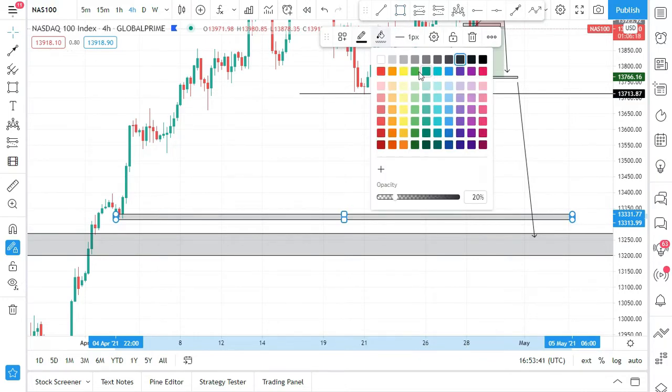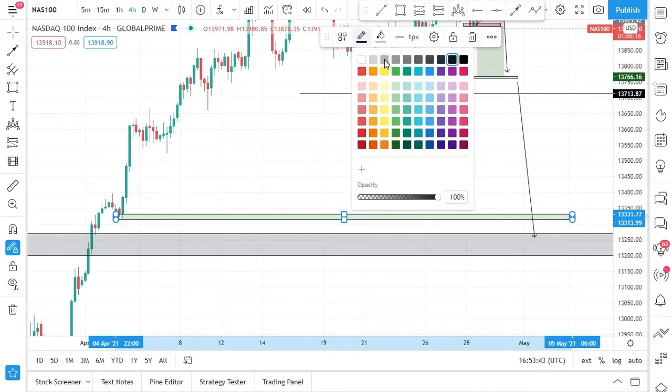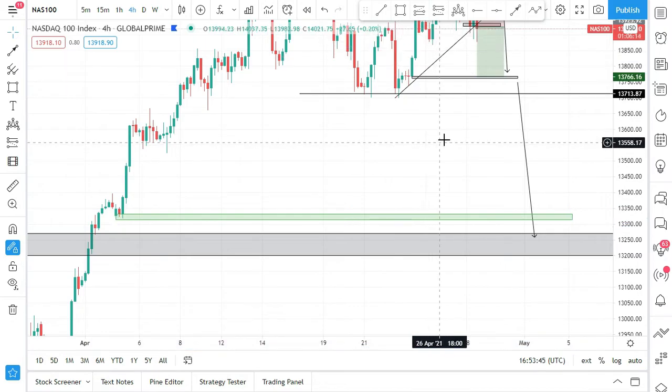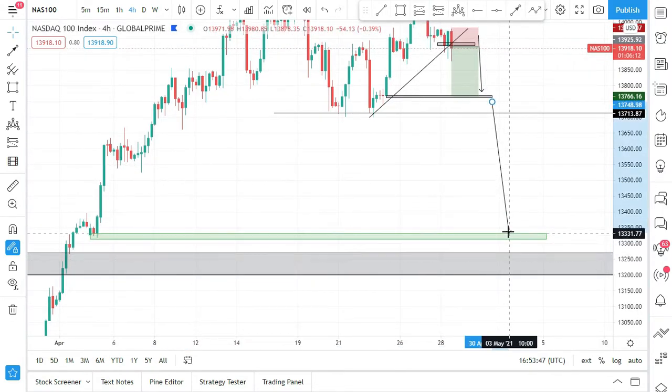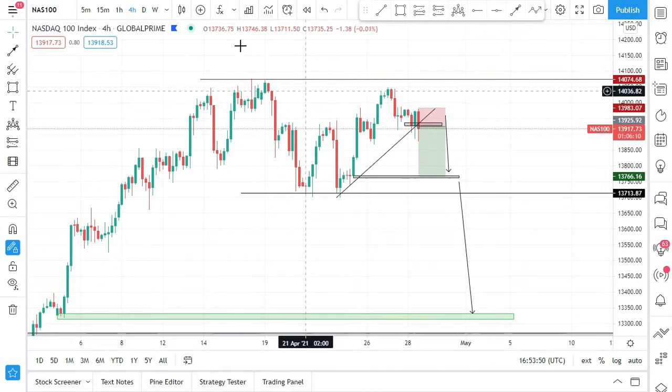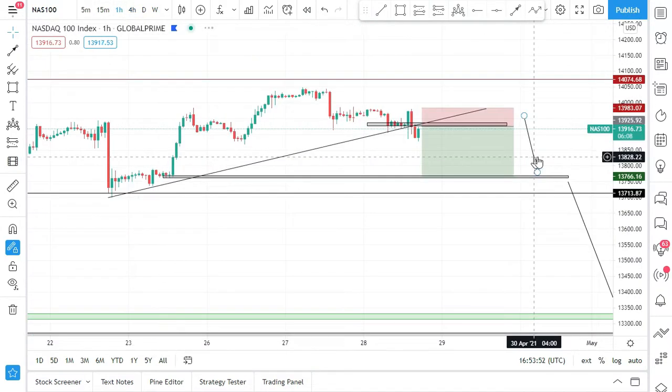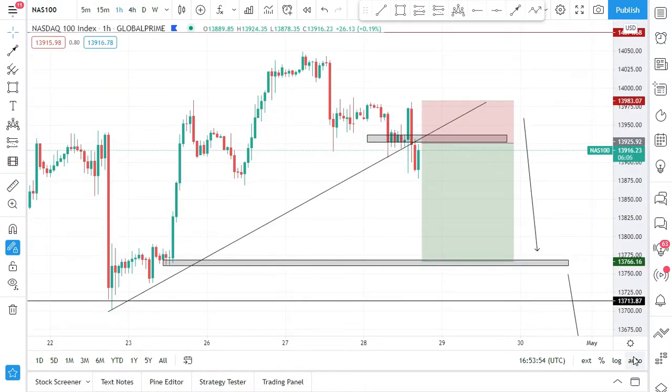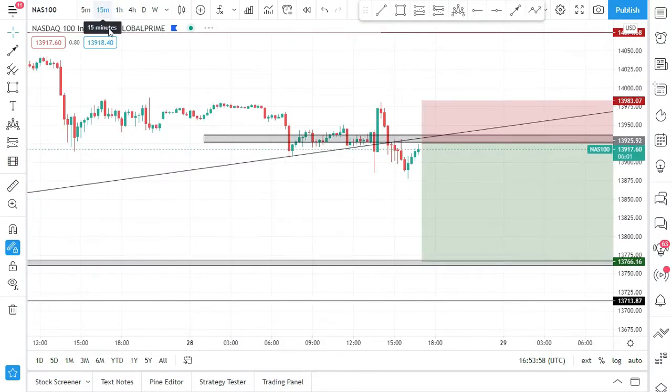Just change its color to green to signify our take profit. Okay, so this is what we have on NAS100 on the 1 hour time frame. Now we can move on to the 15 minute time frame.